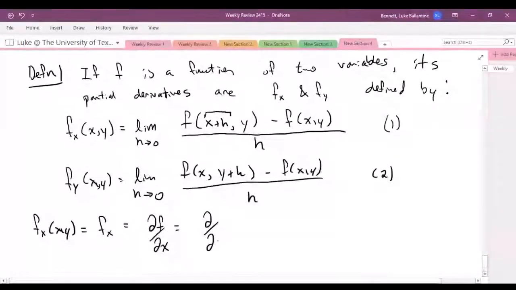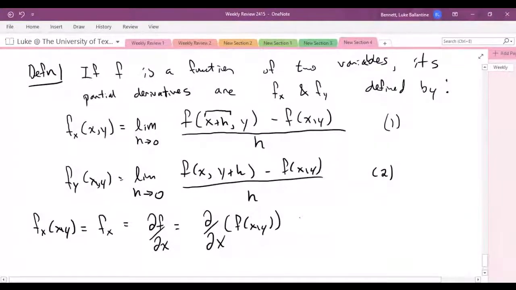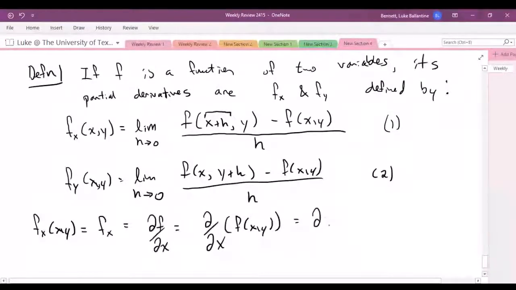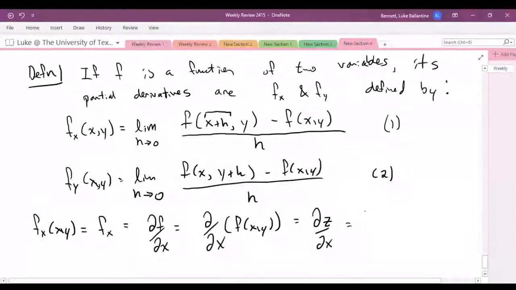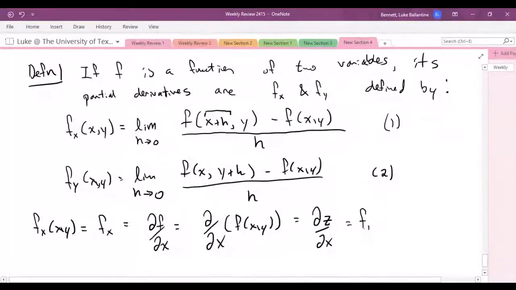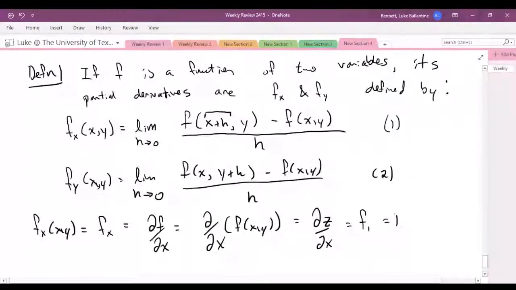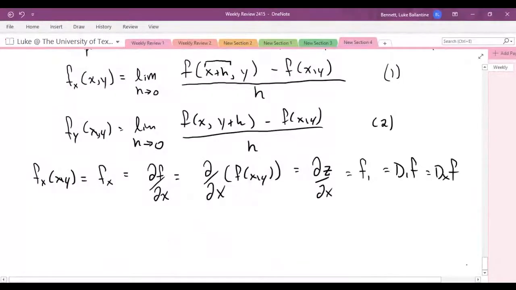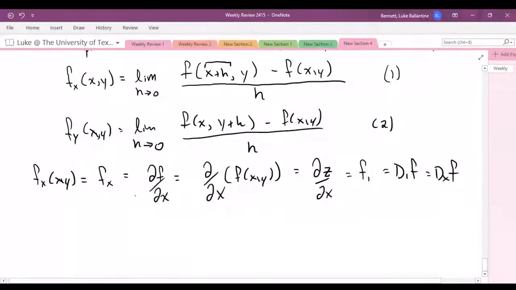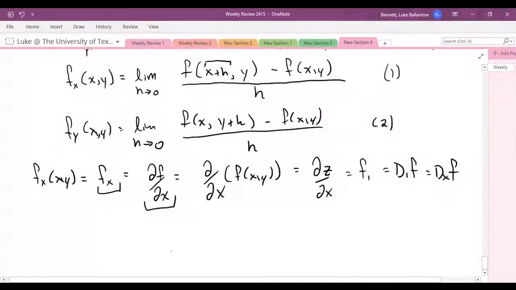The partial derivative with respect to x of f of xy, the partial derivative of z with respect to x, f1, d1f, dxf. These are all the same thing. You'll see these 2 most commonly used.